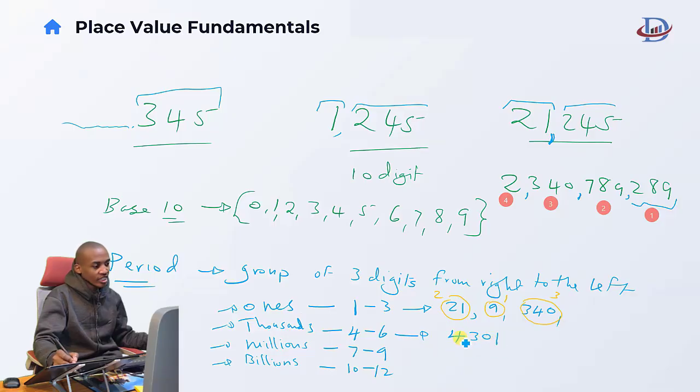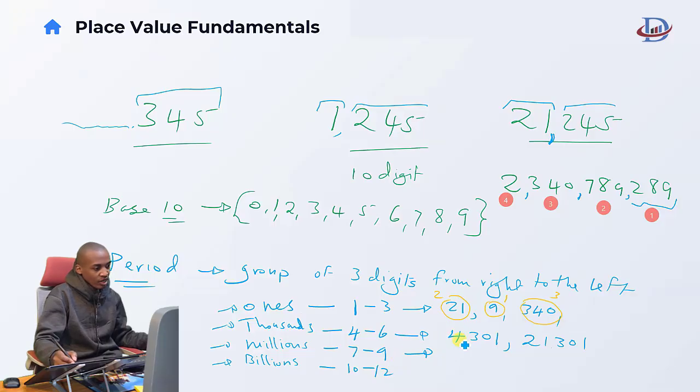This one has 4 digits. What about 21,301? You see, this is 1, 2, 3, 4, 5. It has 5 digits. So for a number with digits ranging from 4 to 6, this belongs to the thousands. The same applies here.